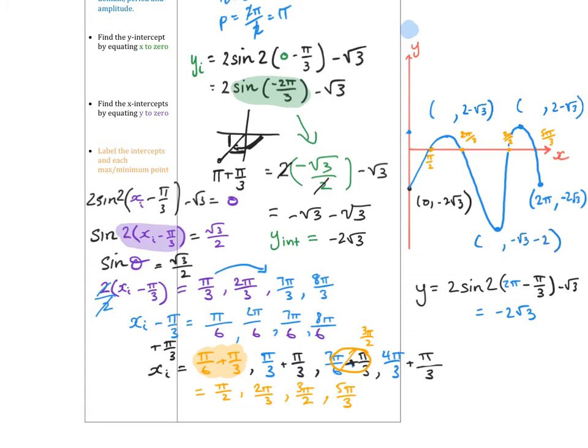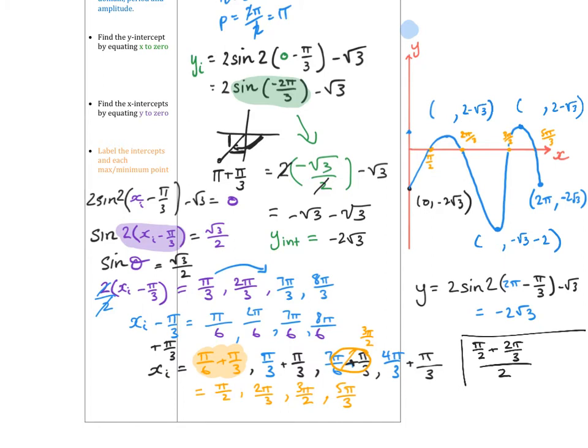So the question might be asked now, how do we get the x values? You may remember from quadratics that the midpoint of the two x-intercepts will always give us the maximum or the minimum. So in this case, we're looking for the midpoint of pi on 2, which is this one here, and 2 pi on 3. So we can achieve that by saying, apologies, we're running out of room here, but pi on 2 plus 2 pi on 3 divided by 2.